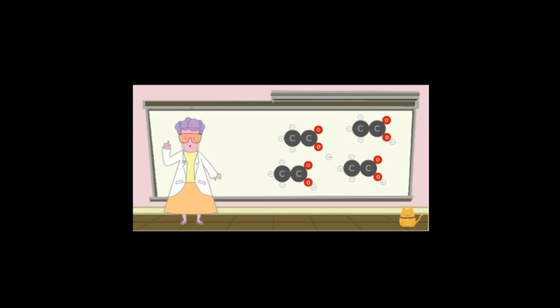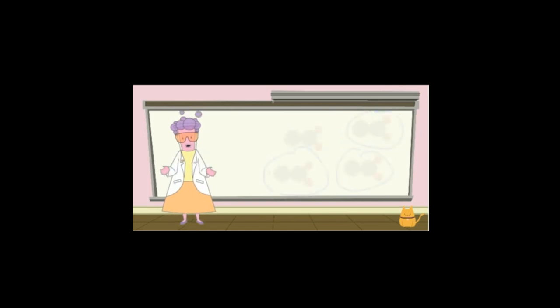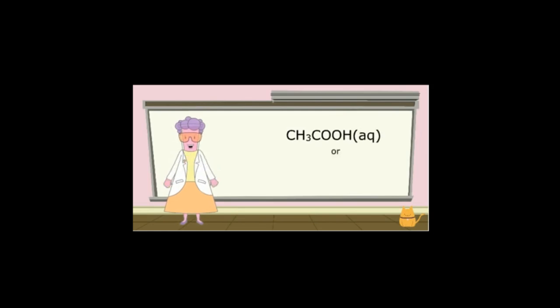It is important to note that in the case of weak electrolytes, such as acetic acid, we tend to represent it the way the majority of the chemical species exist. In this case, we would write the formula as CH3COOH (aq) or C2H3O2H (aq). This represents that the majority of the dissolved acetic acid exists in molecular form.